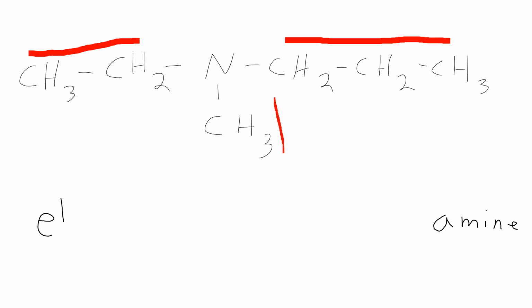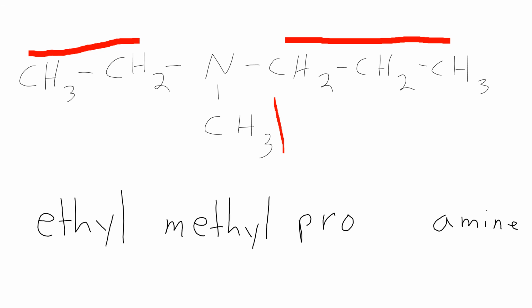So we're going to have ethyl, then methyl, and then finally propylamine. Now remember, these all get alphabetized, and that's the order that they're going to appear in. E comes first between all these, then the M, then the P.